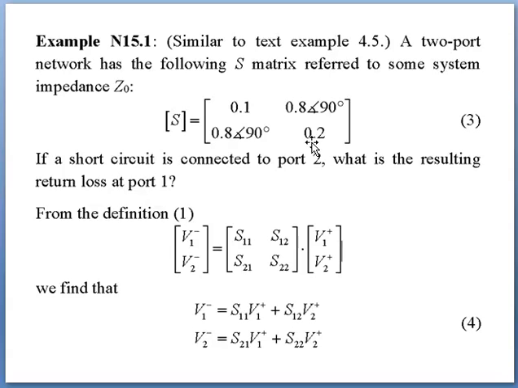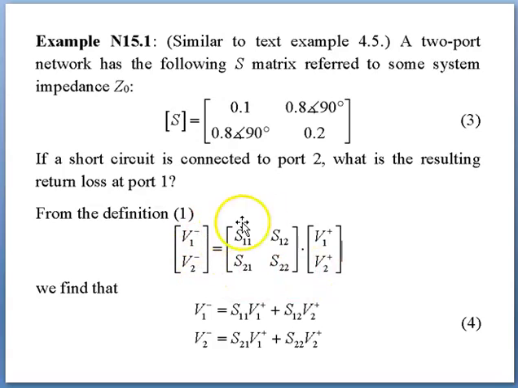Now, if a short circuit is connected to port 2, what is the resulting return loss at port 1? So how do you find this? From the definition of equation 1, you will have V1 minus and V2 minus equal to the S matrix, which is S11, S12, S21, and S22, times V1 plus and V2 plus.